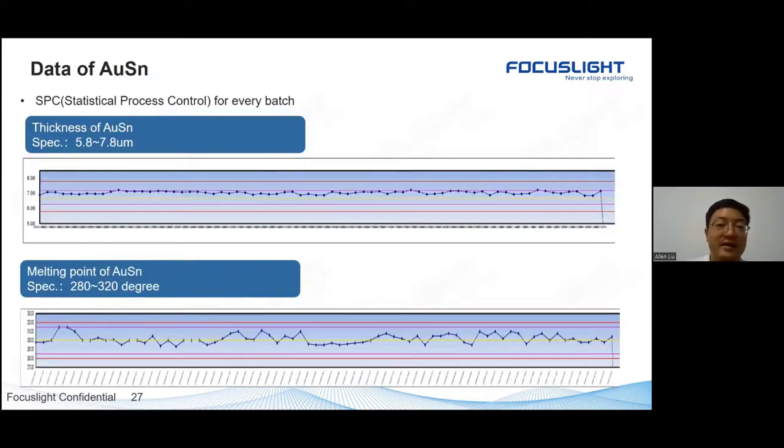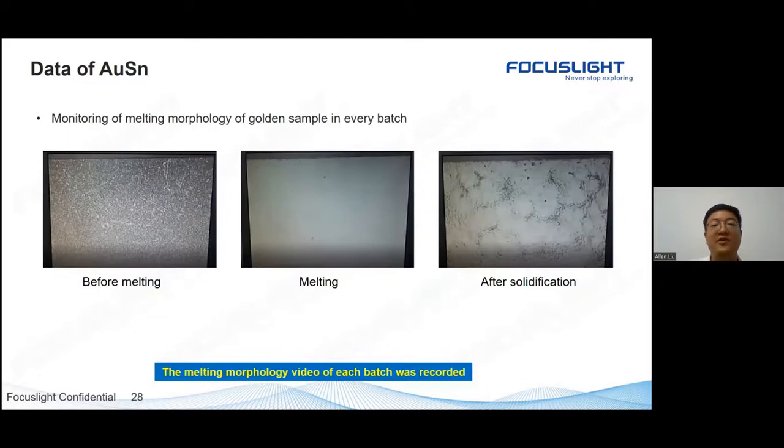So for our equipment, every year, every batch, we build the SPC system to ensure our metallization process. And for every batch, we monitor the melting point of the coating, because this is the key point for the whole substrate.